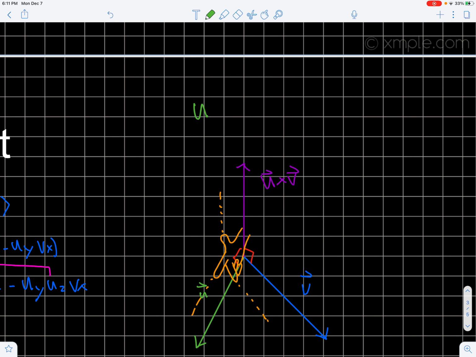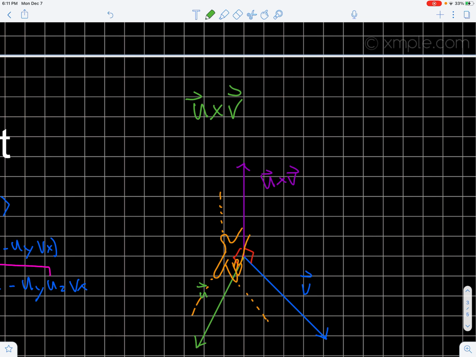All right, so in this scenario, we're crossing u with v. How we'd figure out in what direction the cross product points is we would take our index finger and align it with our u vector, as I have not very artistically shown.